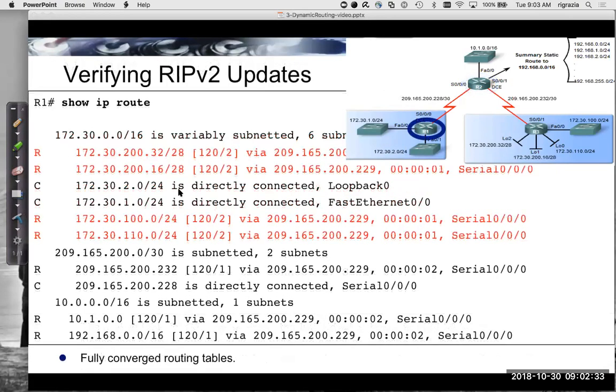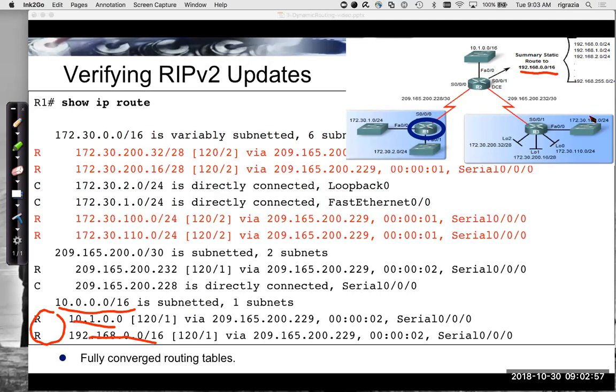About R1, yeah, this is also good news. R1 not only sees R3's 10.0 networks down here, here's the 10.1, but we'll not worry about this static route that was redistributed.